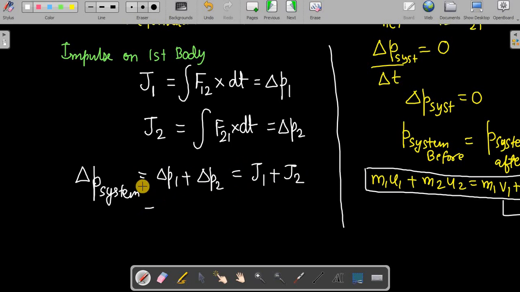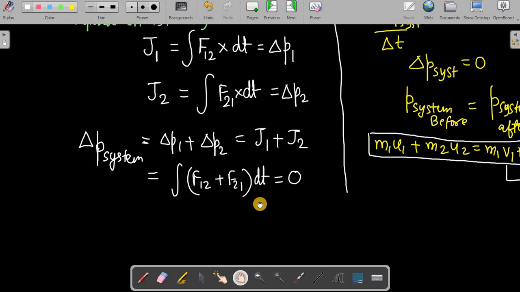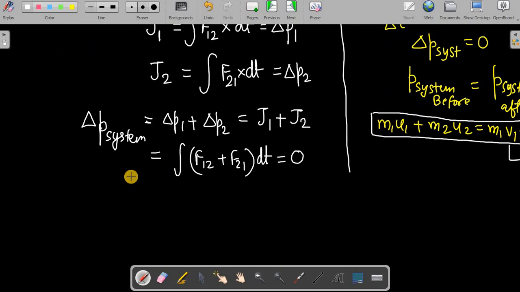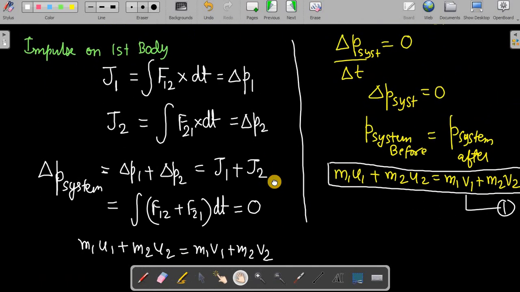When you add here, this is going to be again 0, because it will come as F12 plus F21 into dt, which is again 0. So again this concept, impulse and momentum, will give the same thing. The total momentum will remain constant. So m1 u1 plus m2 u2 is m1 v1 plus m2 v2. It is giving the same first equation, right? So this way we can understand.